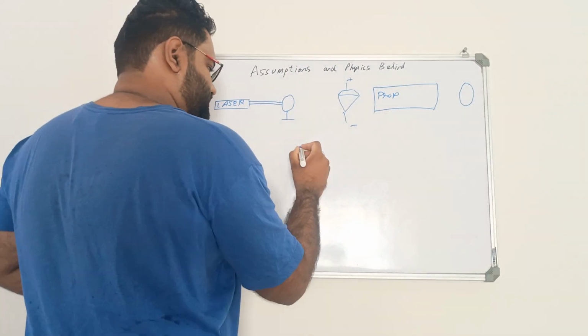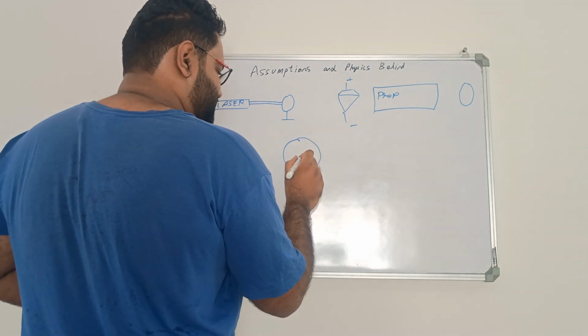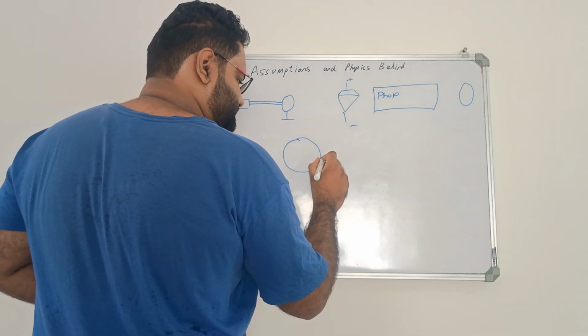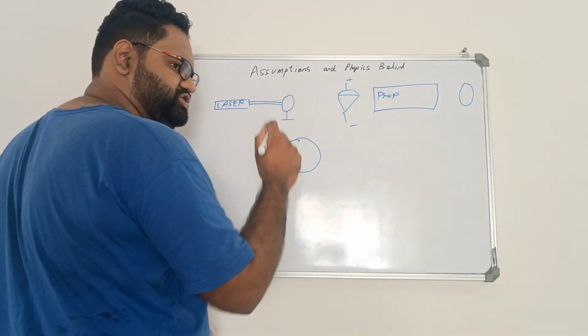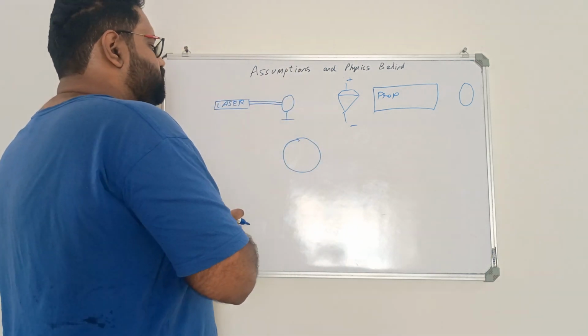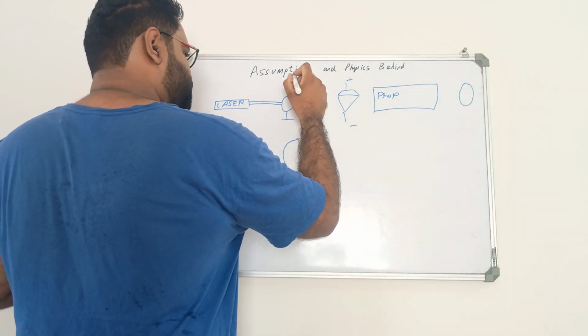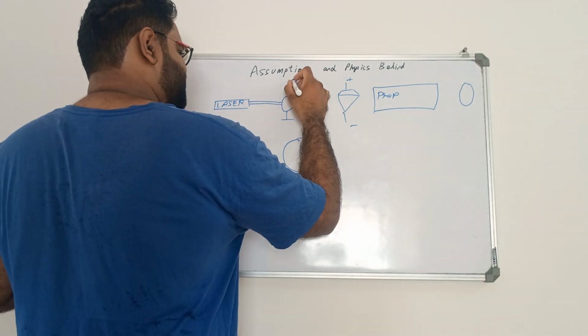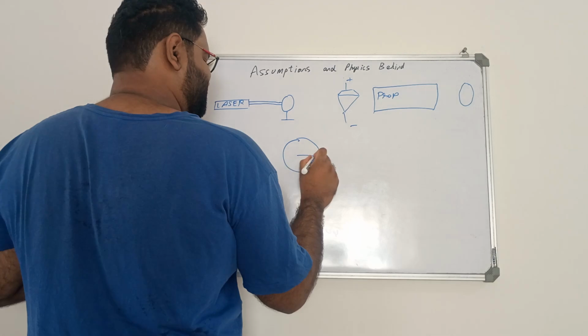If I take a particular polarization, I can say that in one of the directions it is going to be 0 and in the other direction it is going to be 1. So I'm going to polarize it such that the qubit is in one direction, let's say this direction.